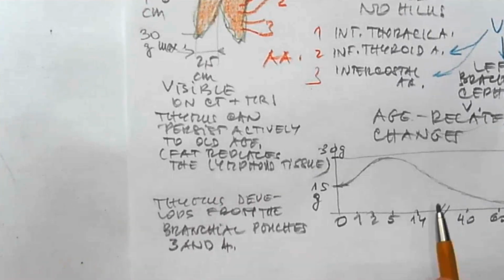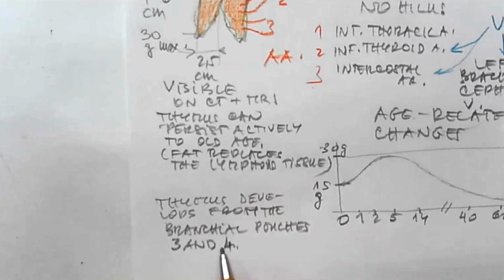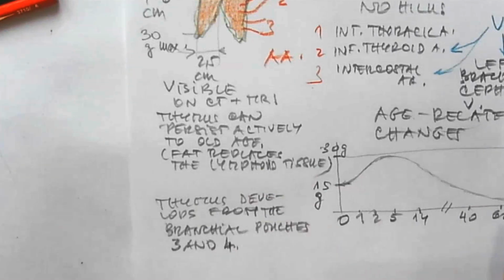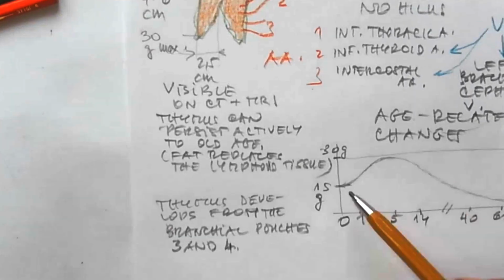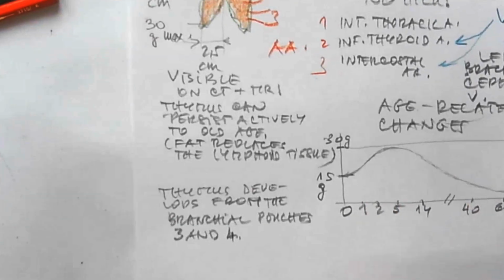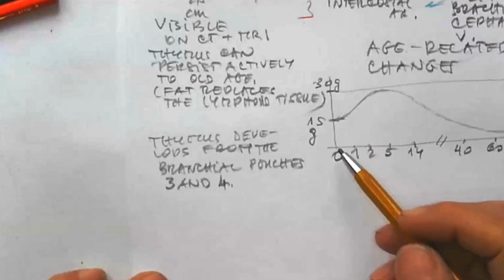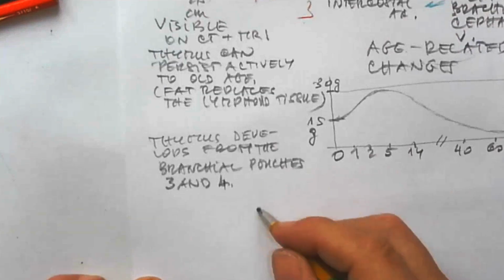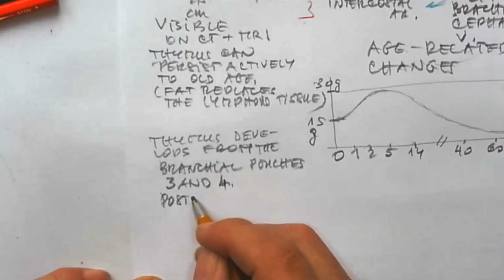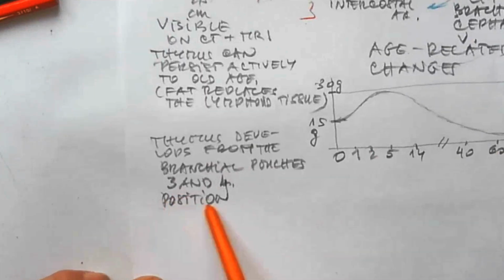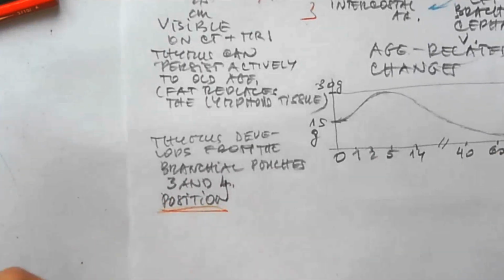So in some cases, these two parts develop independently, reaching the level of the thyroid gland in the neck and descending to the xiphoid process. But simply, the position or topography, quickly.